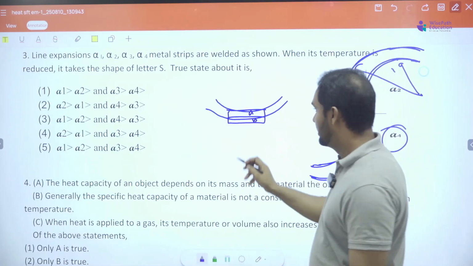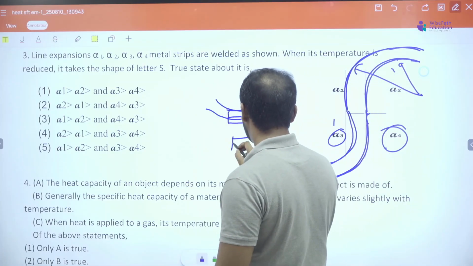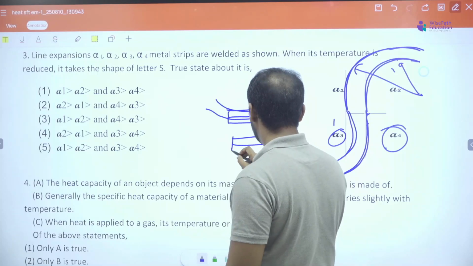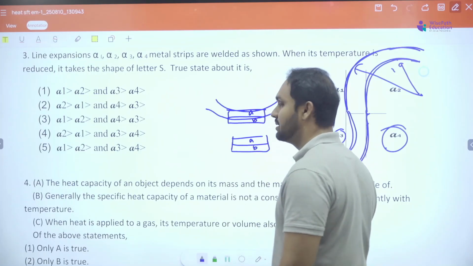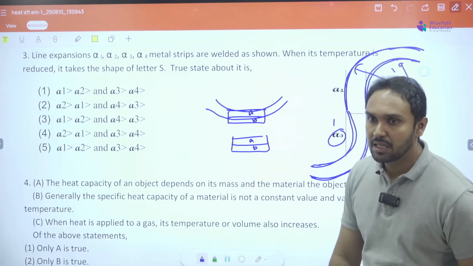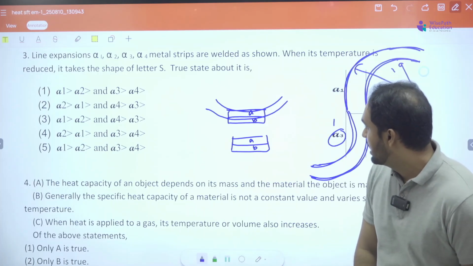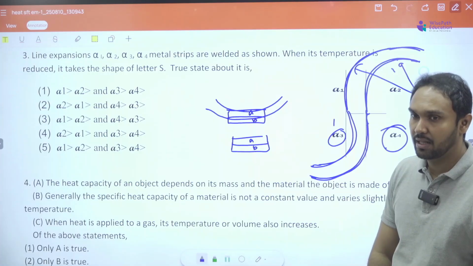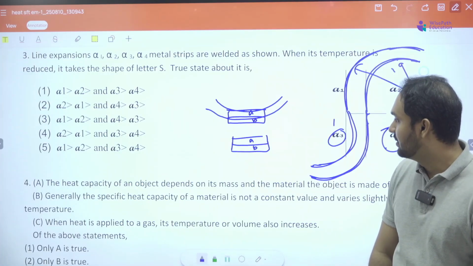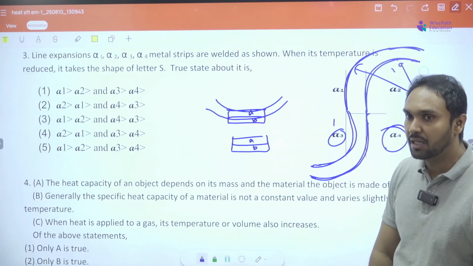So what if it happened the other way around? This is A and B. Sorry, I said it the other way. A has a greater expansion than B. Now what happens?